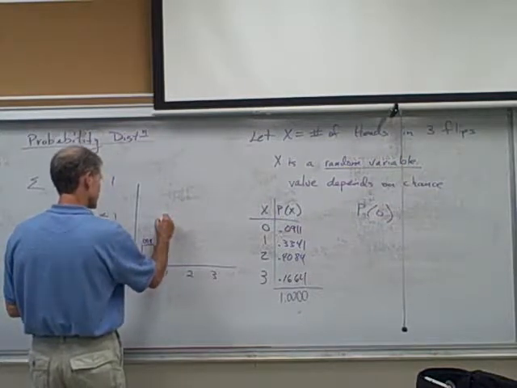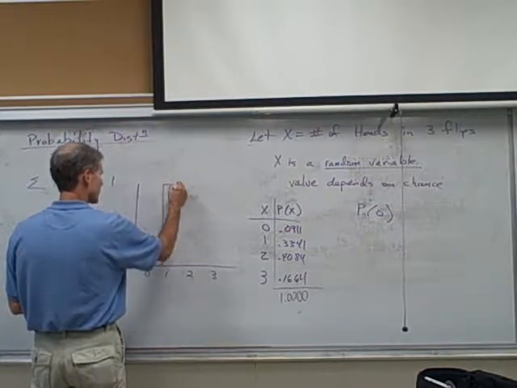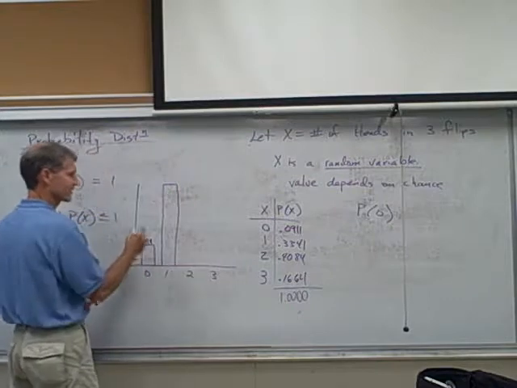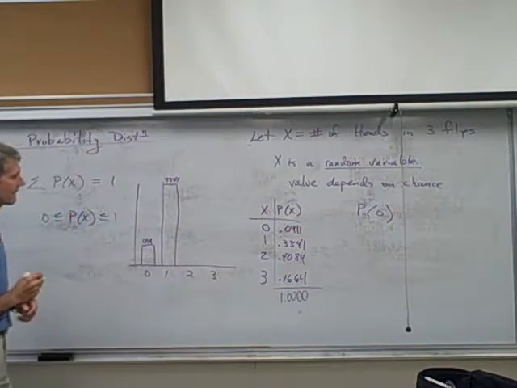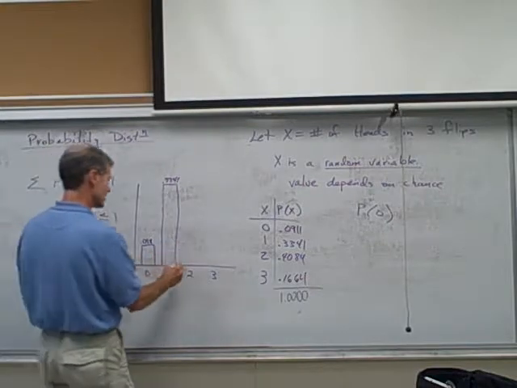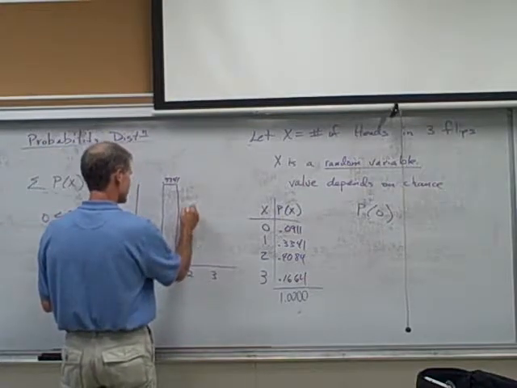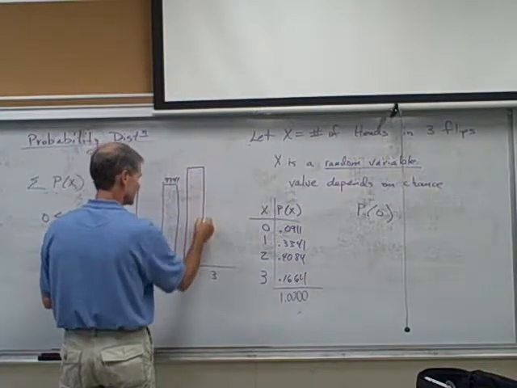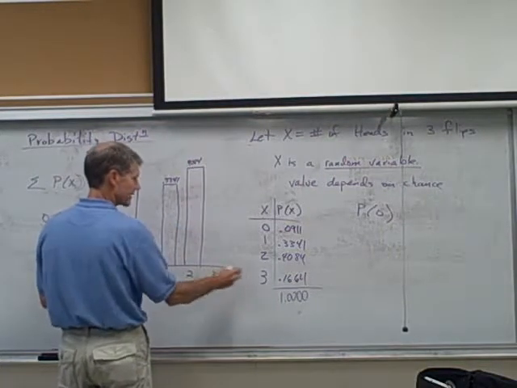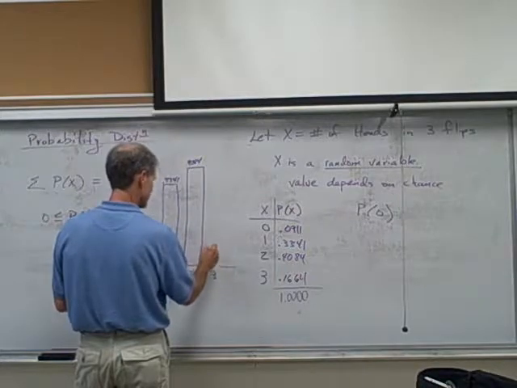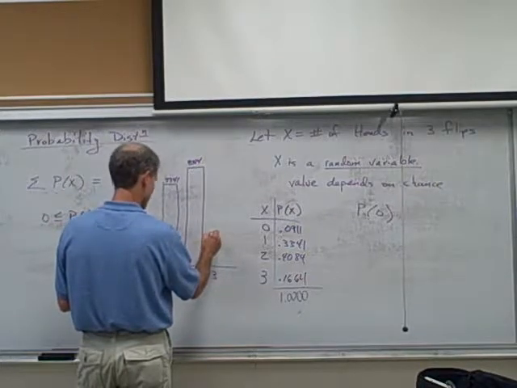So 1, 2, 3, and a little bit more. I did that pretty accurate. And the next one is even taller than that. It's a little more than 4 times as tall. And then the last one is 0.166. So that's about right there.